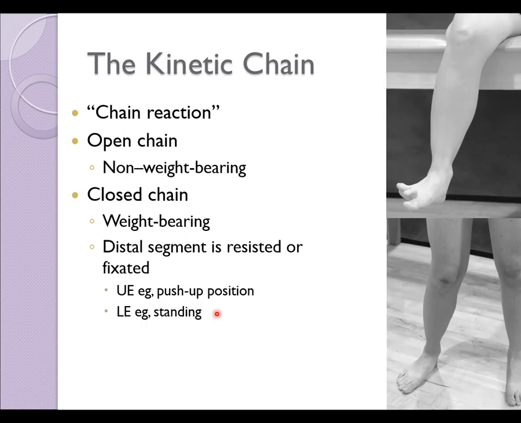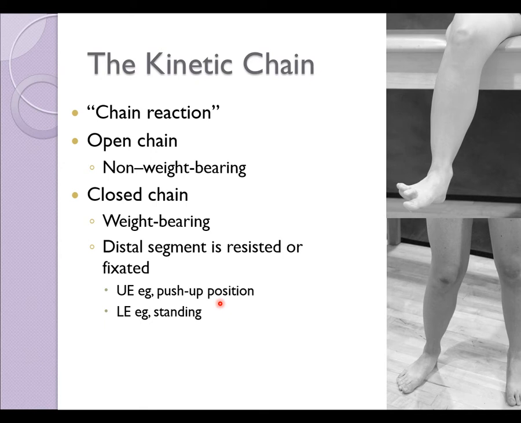So like I mentioned before, the body is a kinetic chain. It is all connected. Depending on the position of the body, we can consider it open kinetic chain or closed kinetic chain. When you are in open kinetic chain, you're usually in a non-weight bearing position, and the joints move more individually. There's less reliance on one joint, and it will not affect other joints nearly as much.